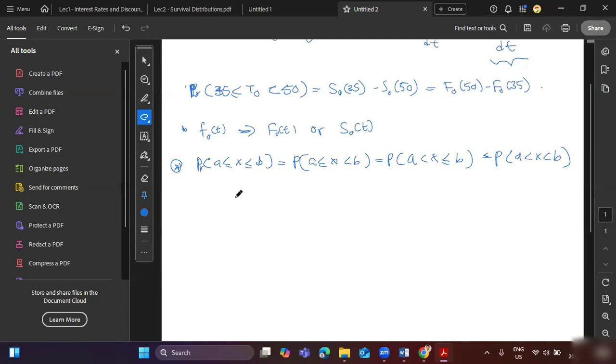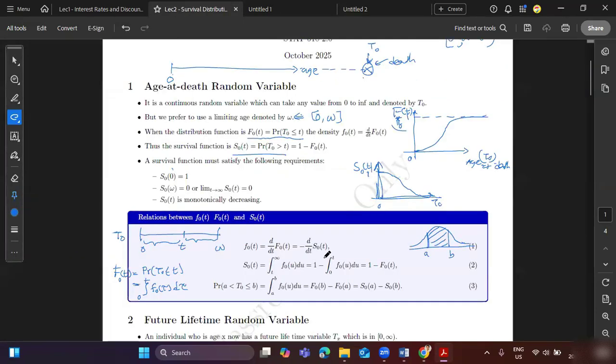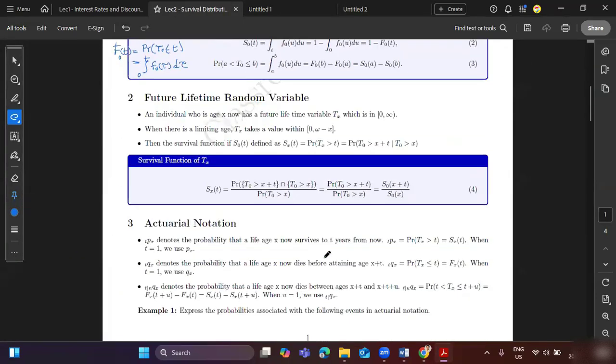So depending on the situation, you might have to check whether the distribution of the random variable is continuous. If it is continuous, then the interval probability is the same. It doesn't matter whether the limits are included or not for that interval, because we are integrating from A to B in these four cases, and eventually end up with the same value. So that's the general overview of a survival function.